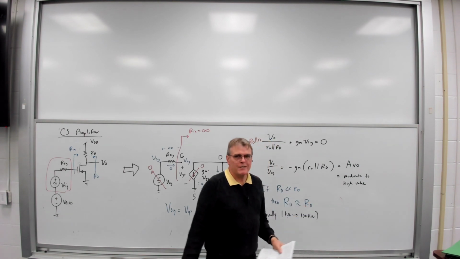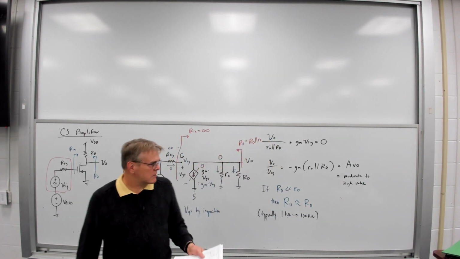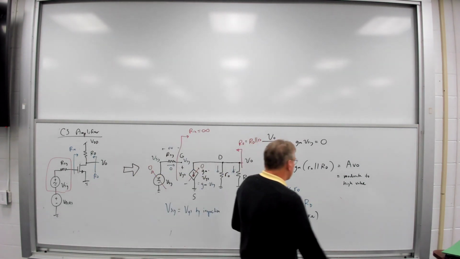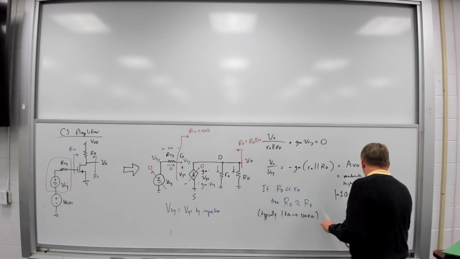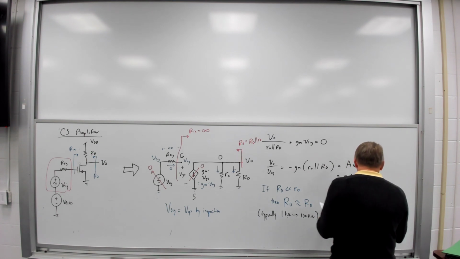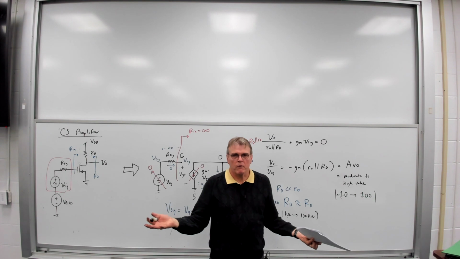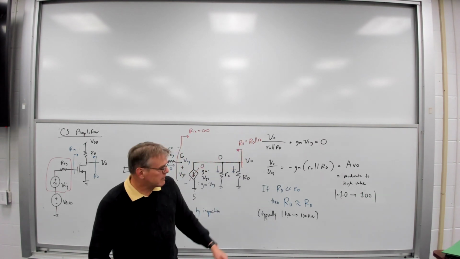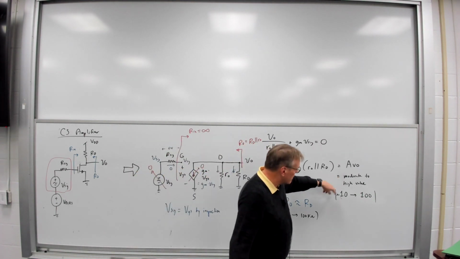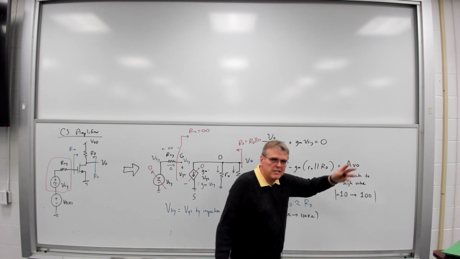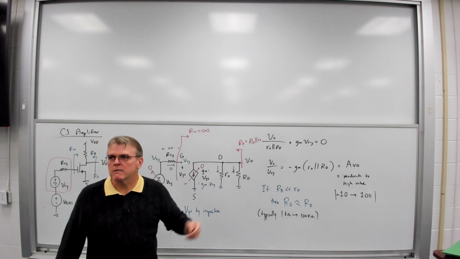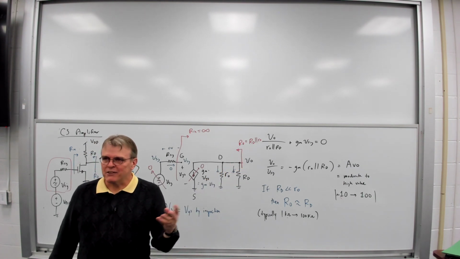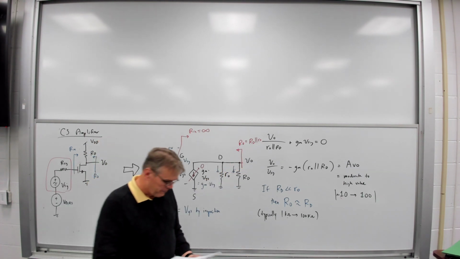When I say moderate to high, I mean typically it's going to be on the order of maybe 10 to 100 type of values. It can be less than that. You can design one with only a gain of 2 or 3. But typical amplifier gains are going to be moderate, 10 to 100 type values, maybe in the 10s to 100s. It's all a matter of choices of the values, where you bias it and the components you use.